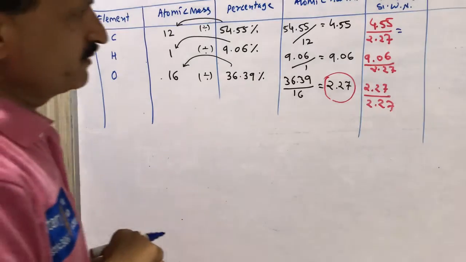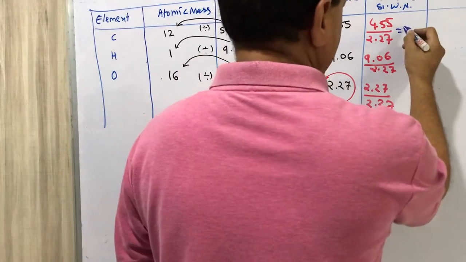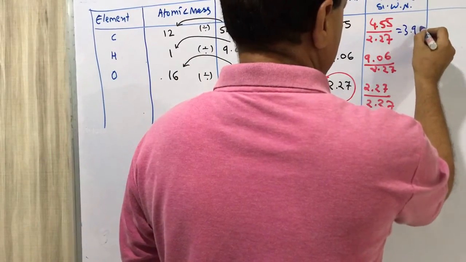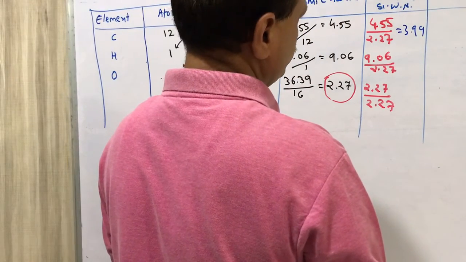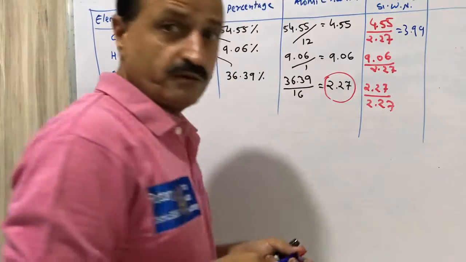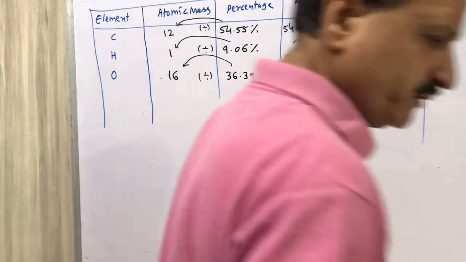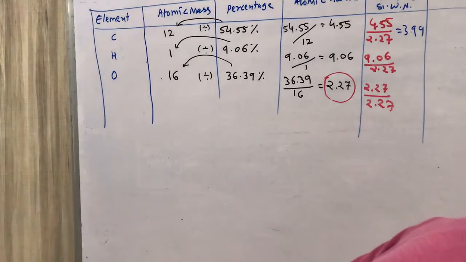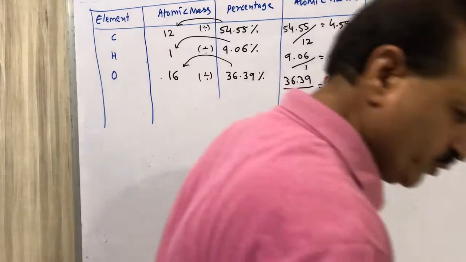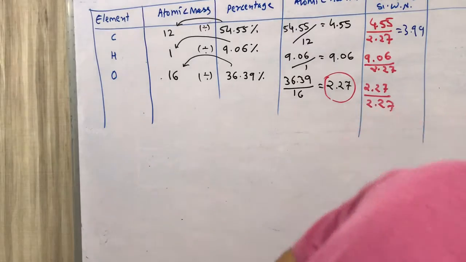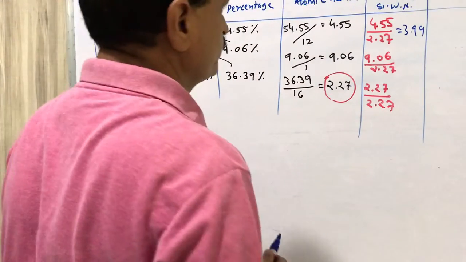It will be 1.99. We just divide the value. I am just seeing the value of that. It is 2.0.